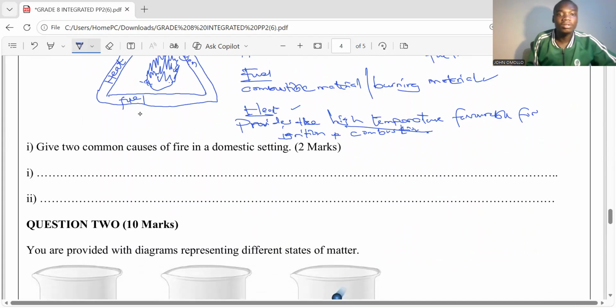Give 2 common causes of fire in a domestic setting. So what can cause that? So we have faulty wiring. When there is faulty wiring.